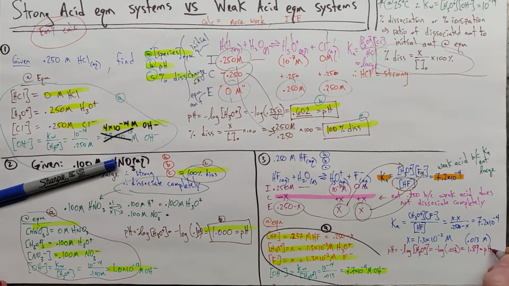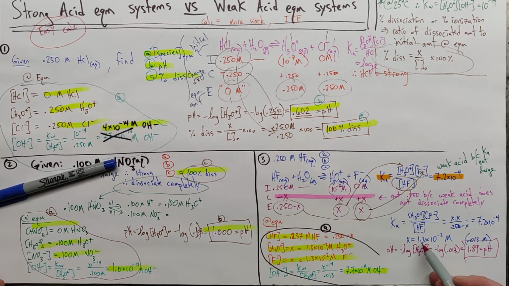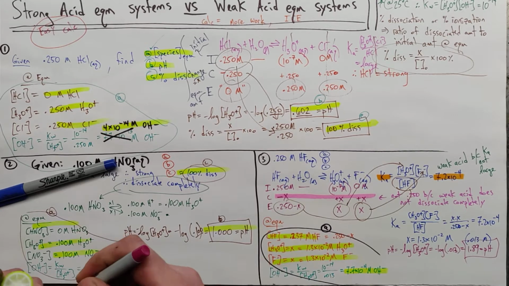as the pH. And again, I kind of waved my hand at that. Our K value only had 2 sig figs. So then when I did that algebra there for the quadratic, I got 2 sig figs, which means I have 2 decimal places in my pH. So whether you like that or not, that's how it happened.